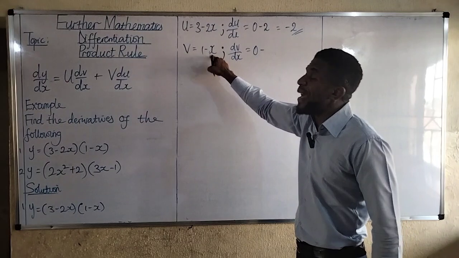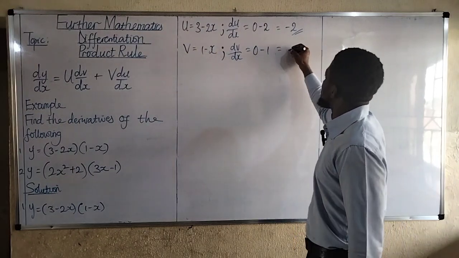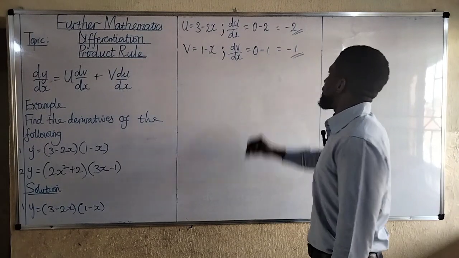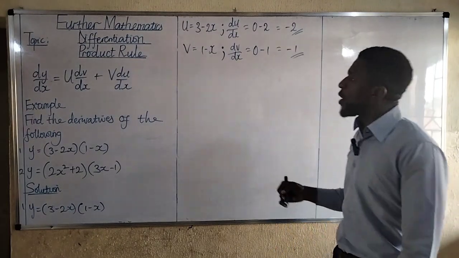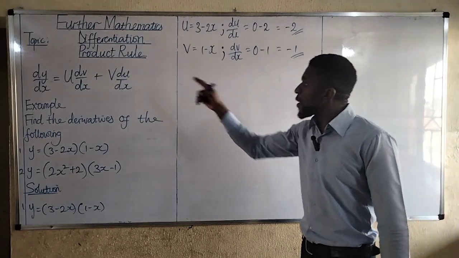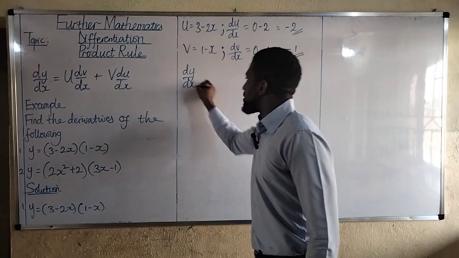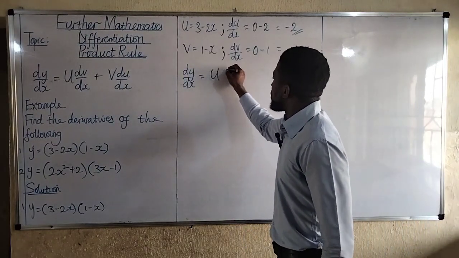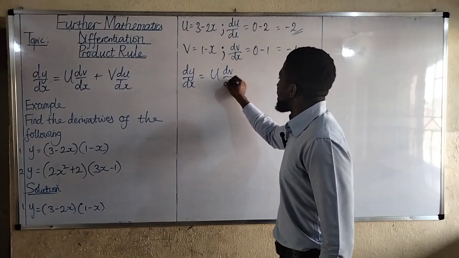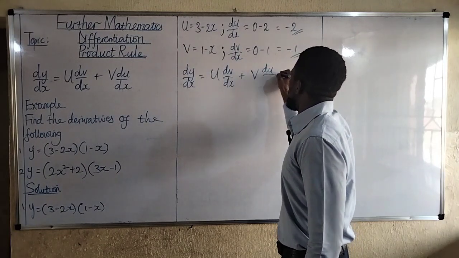Minus, if we differentiate x, it will give us 1. 0 minus 1 is negative 1. Alright, what we obtain now, let us fix it into the general formula for product rule, which says dy over dx is equal to u dv over dx plus v du over dx.